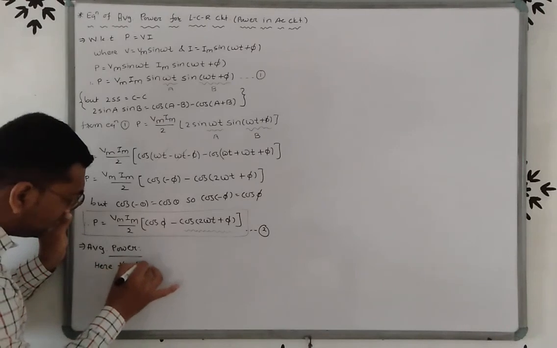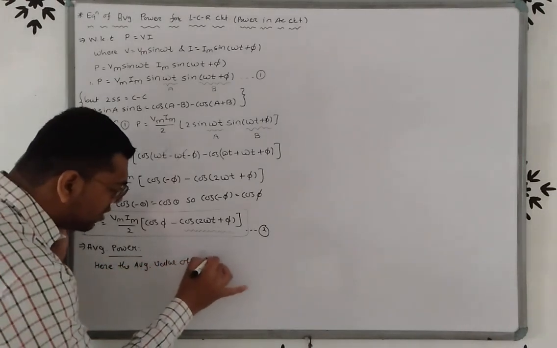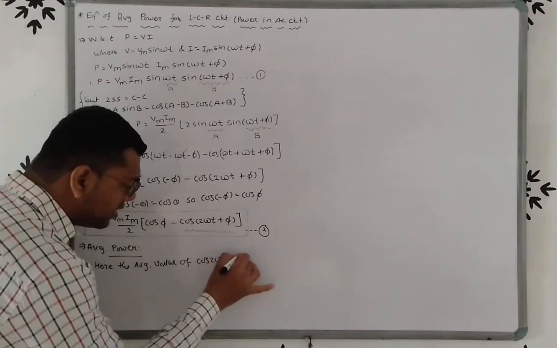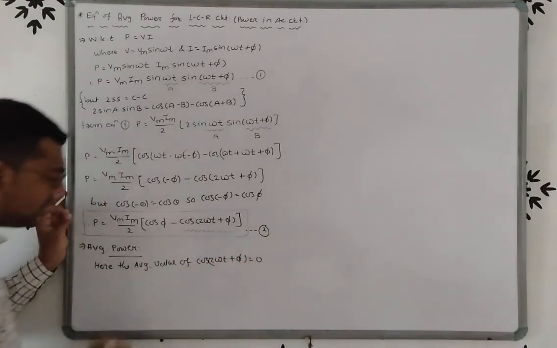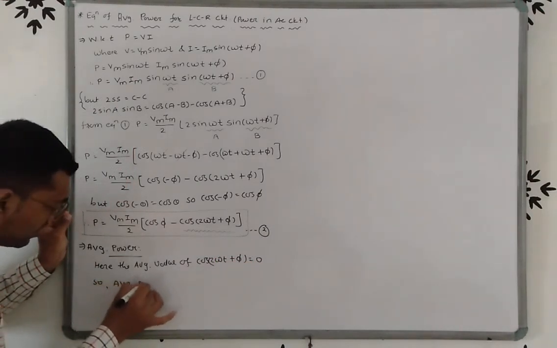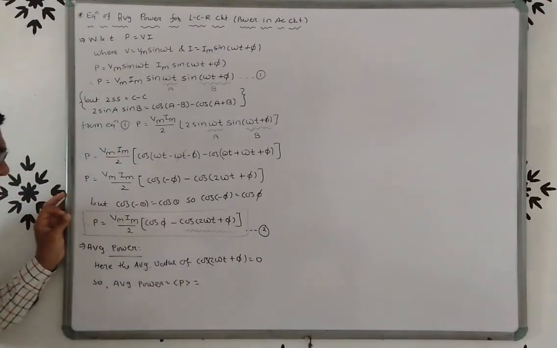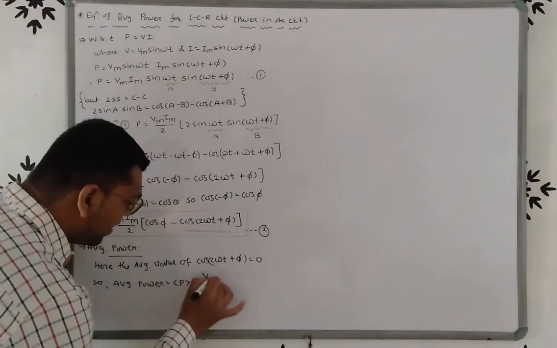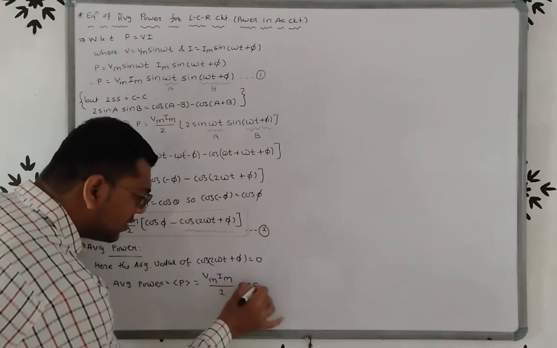So you have to remember here the average value of cos 2 omega t plus phi is equal to 0. So average power P is equal to Vm Im by 2 cos phi.